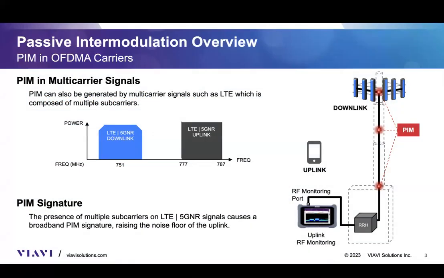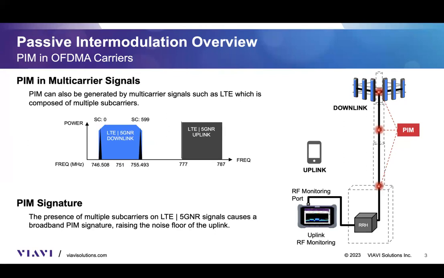So let's start with PIM. And again, with the understanding that we all know that PIM is created with improper conductive characteristics of a medium. And in this specific example, I'm just showing how a single carrier, that, by the way, is just an LTE example, has multiple subcarriers.